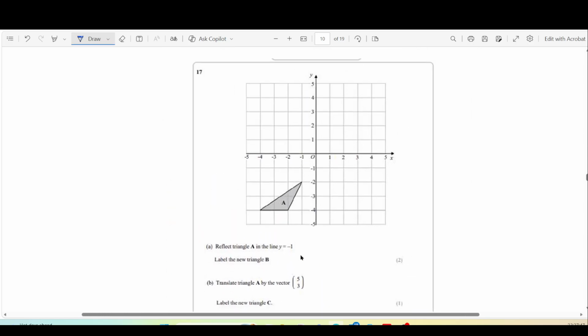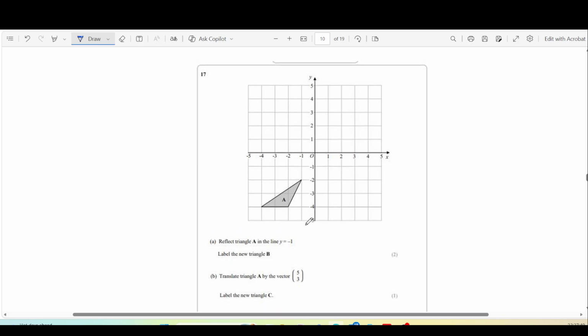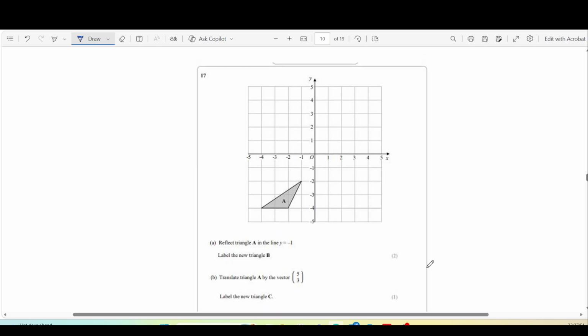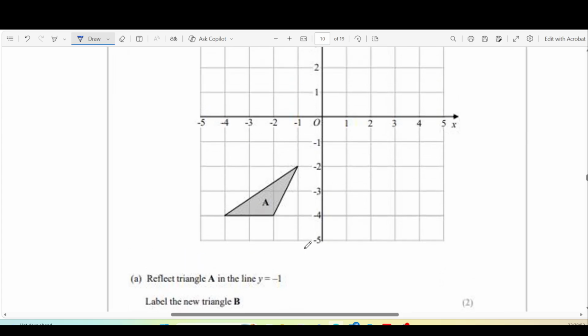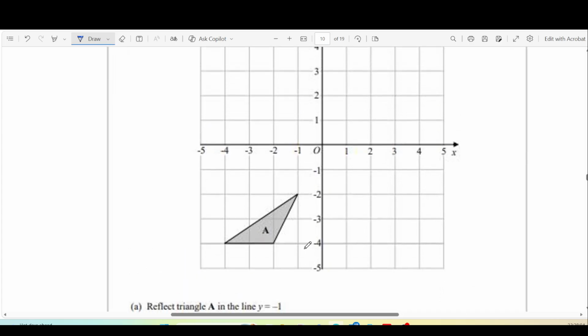So now we have to reflect this triangle about y equals negative 1. So let's do this. So y equals negative 1 is this.